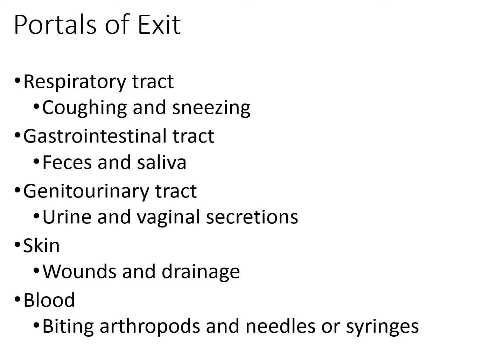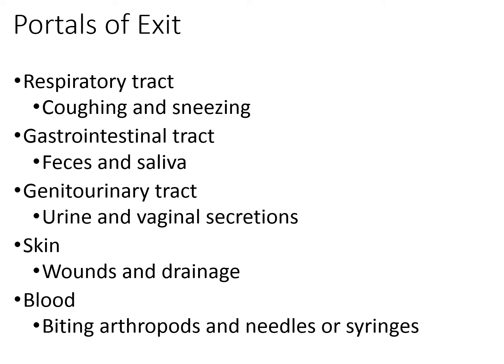So on this slide, I've actually given you some examples of ways that microorganisms can leave the human body. For example, when tissues of the respiratory tract are infected, coughing or sneezing can lead to the projection of microbes from those infected tissues out into the environment where those microbes on, say, saliva droplets can then be inhaled or touched or contacted by a susceptible host.